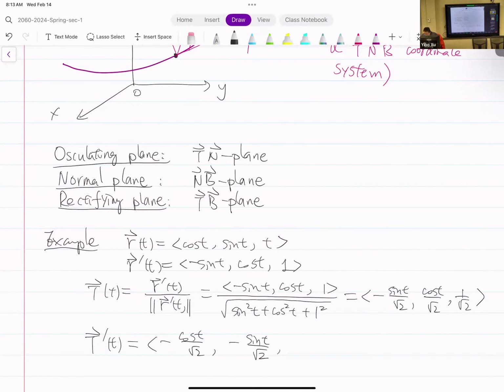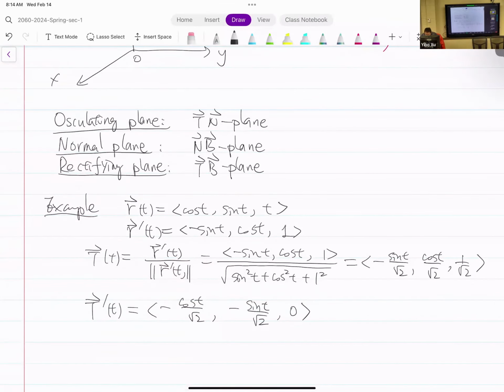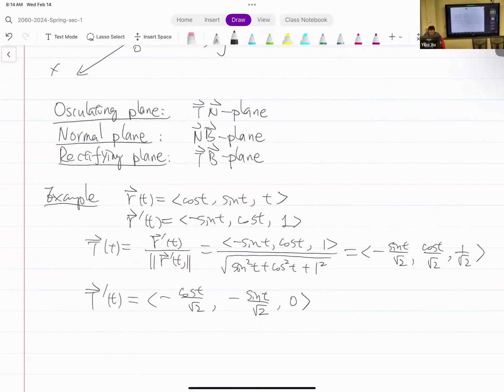And finally, the last component is a 0 because it's a constant when taking the derivative. And you can see this vector has an even easier magnitude, right? Because if you think about it, negative cosine, negative sine, 0 will be the unit vector along this direction.